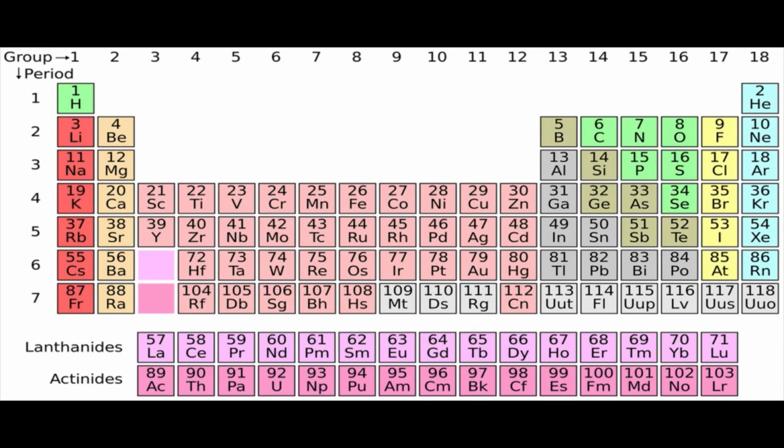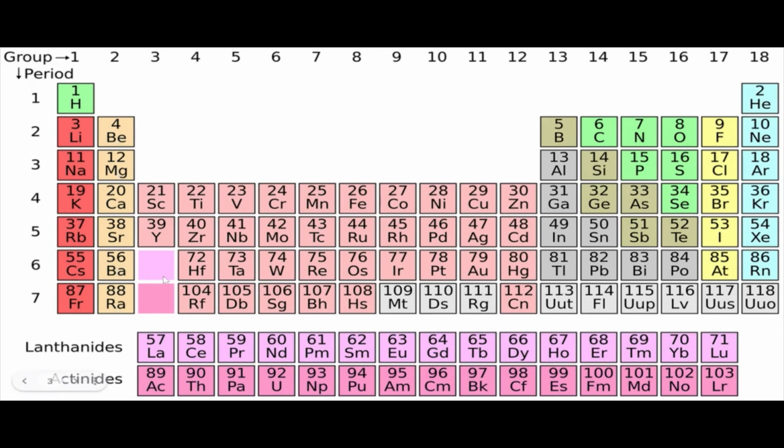And those last two rows that you see at the bottom that are kind of separated from the rest are not additional 2 rows. It's not 9 periods. It's just 7, because it's just that lanthanides and actinides are in those 2 empty boxes that you see right here next to the number 56, this second column here.